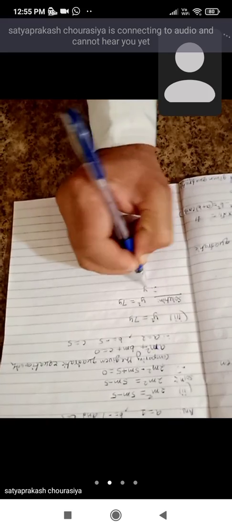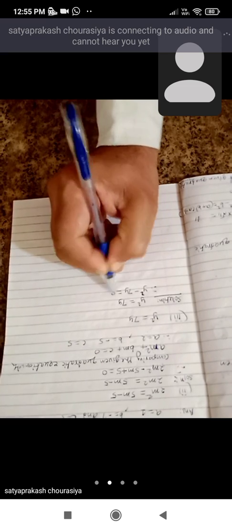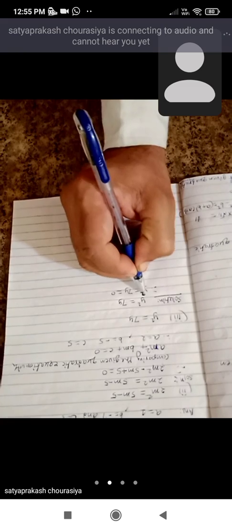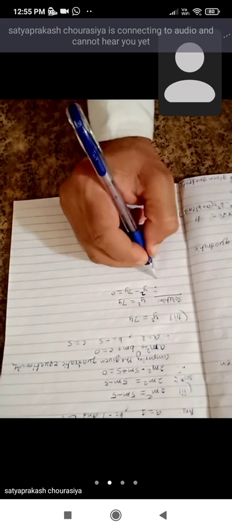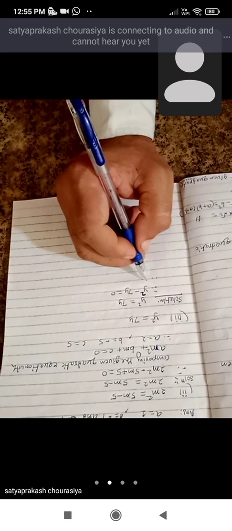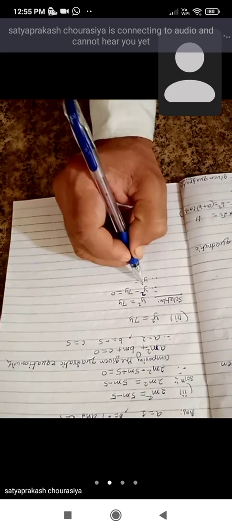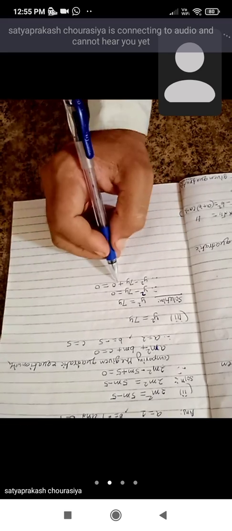So therefore y square minus 7y is equals to 0. क्या हो जाएगा? Y square minus 7y is equals to 0. Now see, the constant term is missing here. So y square minus 7y plus 0 is equals to 0, because this c is missing here.